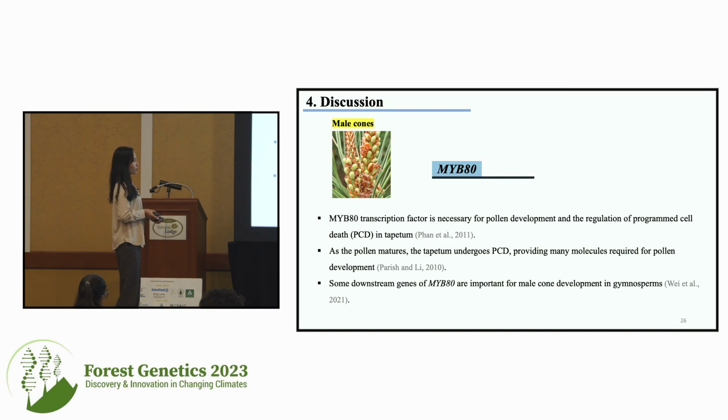As the pollen matures, the tapetum undergoes PCD, providing many molecules required for pollen development. And it is reported that some downstream genes of MIB80 are important for male cone development in gymnosperms. So this gene is assumed to play a major role regulating a transcriptional network during the male cone development in Pinus densiflora.